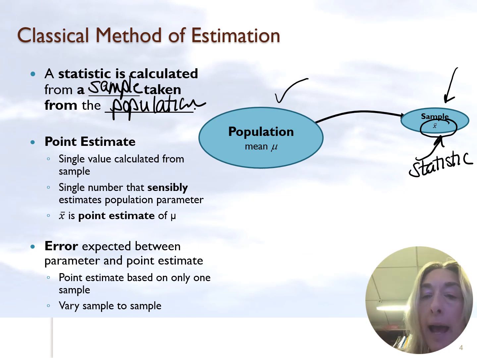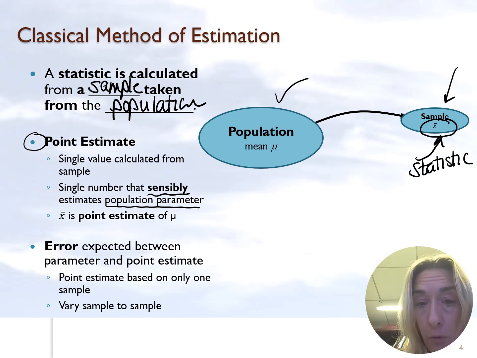Now a statistic such as X bar is also known as a point estimate. A point estimate is simply a single value that's calculated from a sample, and it's a number that sensibly estimates the population parameter. So for example, X bar is considered a point estimate for mu.